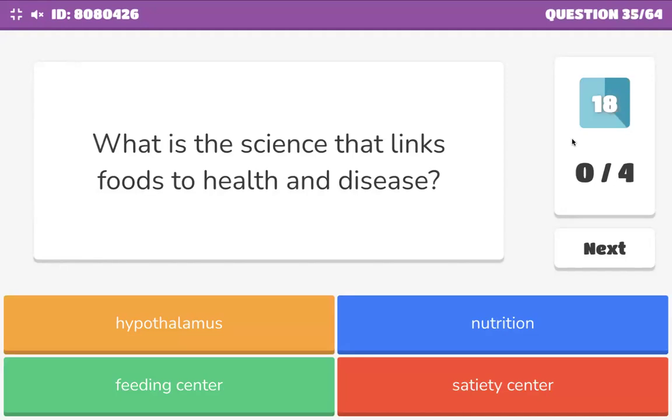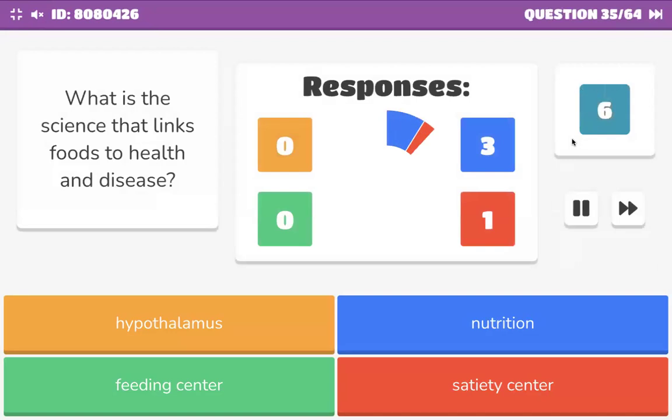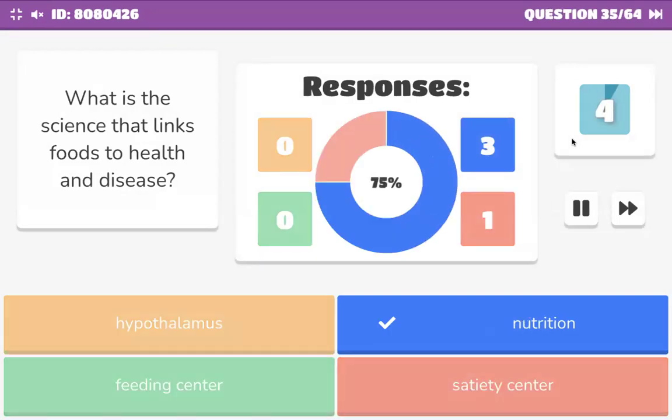What is the science that links food to health and disease? Nutrition. The other three are parts of your brain.